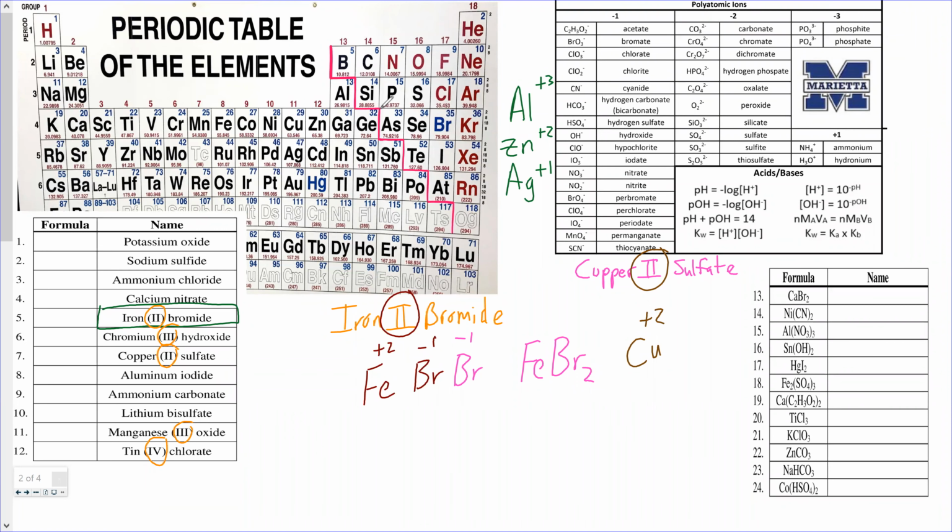Now listen carefully. I said sulfate. Anytime you hear "ate," you should be thinking that you should be looking at polyatomics. Excellent. So somebody find sulfate and tell me the charge. SO4, yes, with a -2 charge.